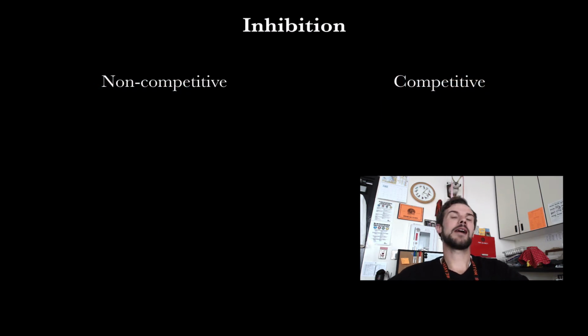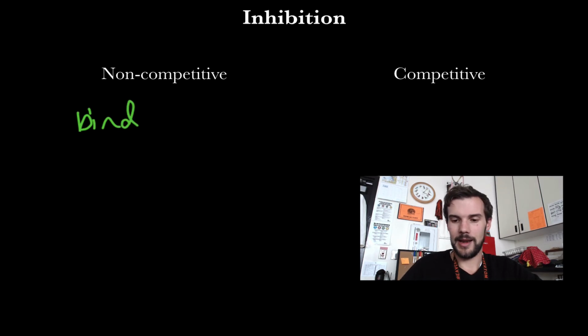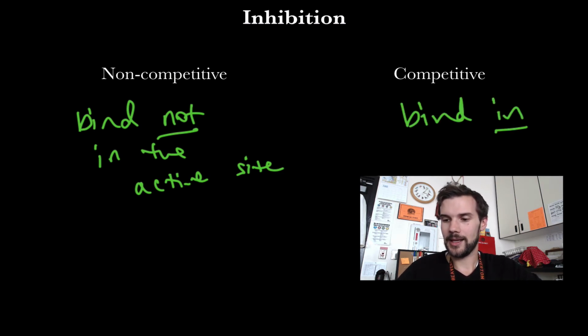We can also shut down the processes of enzymes, and that can be with non-competitive molecules or competitive molecules. Non-competitive molecules are going to bind not in the active site, so elsewhere, and the competitive is going to bind in the active site.